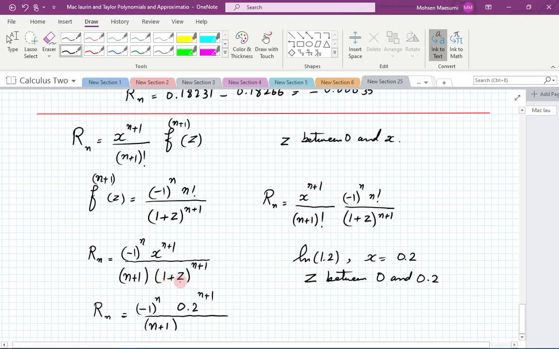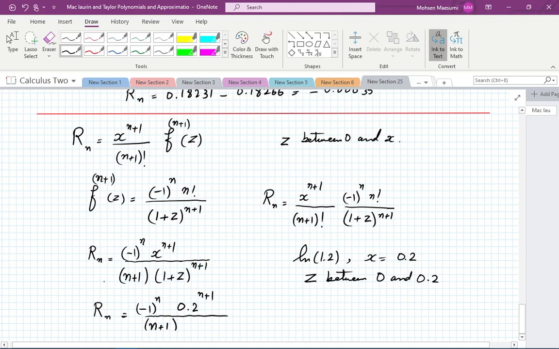And z is between 0 and 0.2. If I come close to 0, this denominator becomes smallest possible, so Rn becomes as large as possible. If I go toward 0.2, I'm increasing the denominator, and as a result Rn is going to decline.